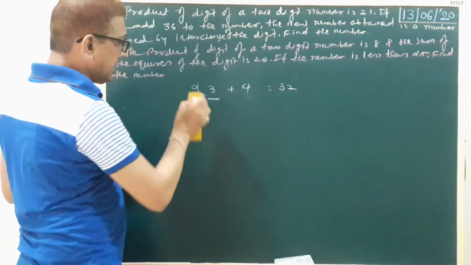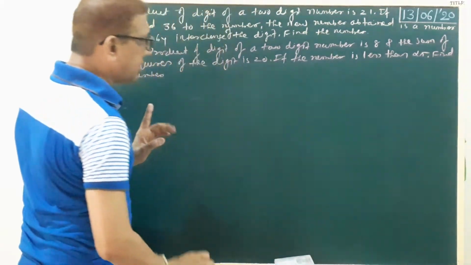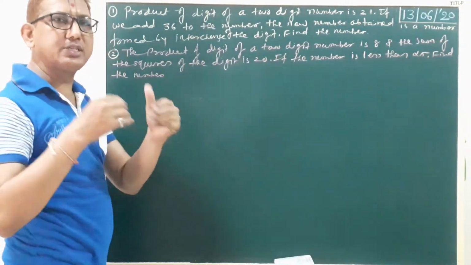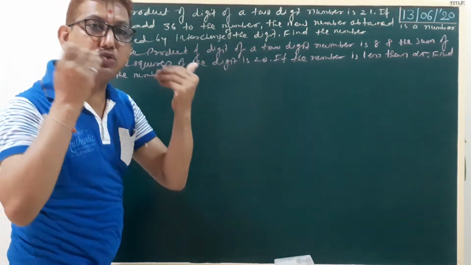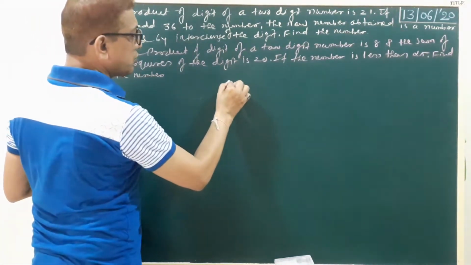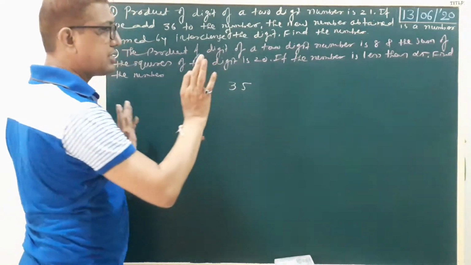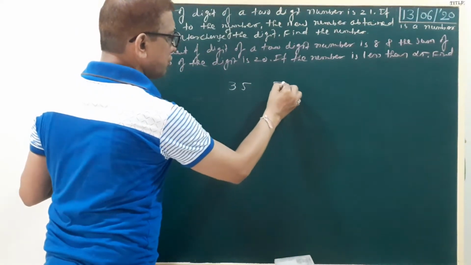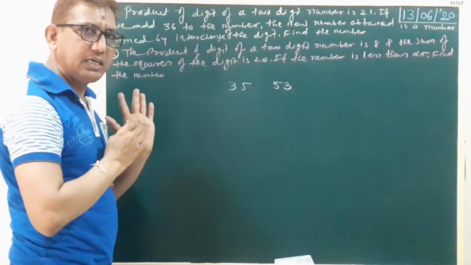One most important thing to remember: you can suppose any two-digit number. Suppose we have 35. Now interchange the digits, so the new number is 53.